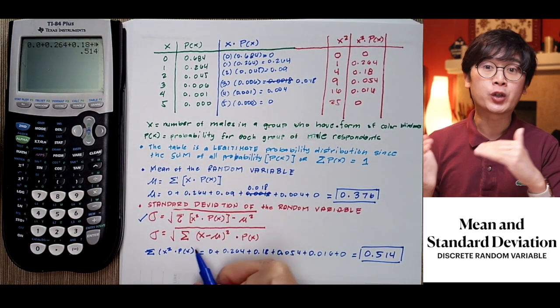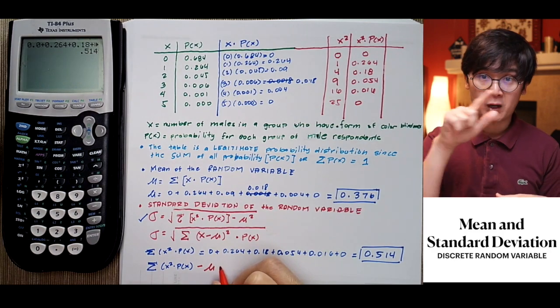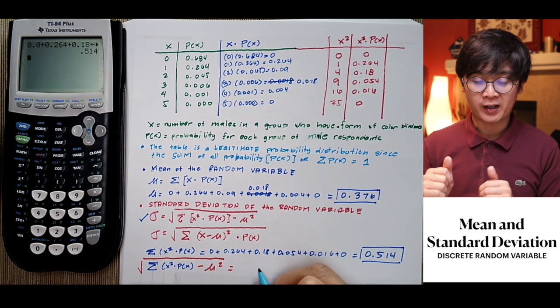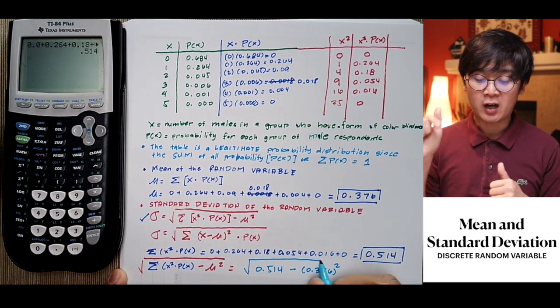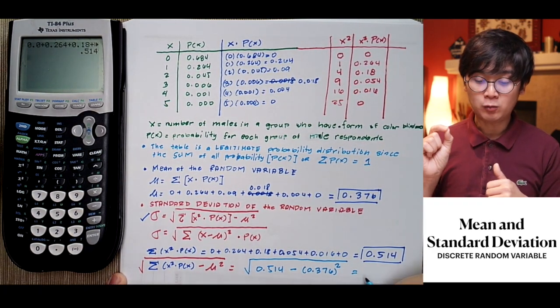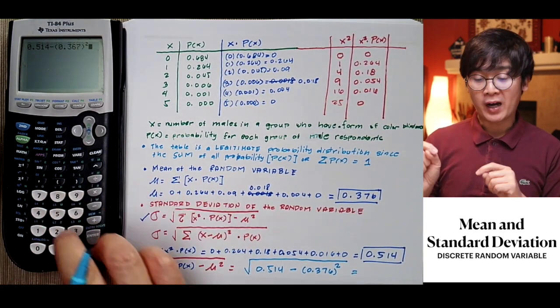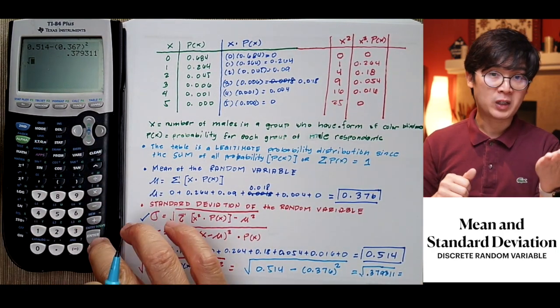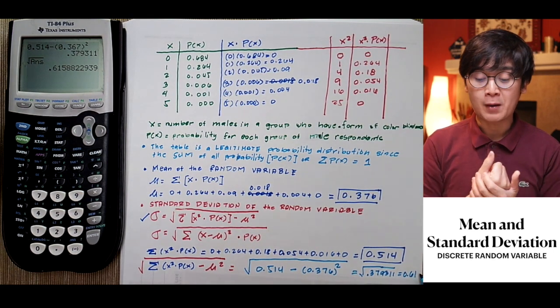And we're going to incorporate that in the formula for the standard deviation, which is the square root of the summation of x squared times p of x minus mu squared. Plugging them all in, we'll have the square root of 0.514, which is the third column, minus mu squared or mean squared, which is 0.376, which we calculated a while ago, and you need to make sure that you square it or raise it to the power of 2.